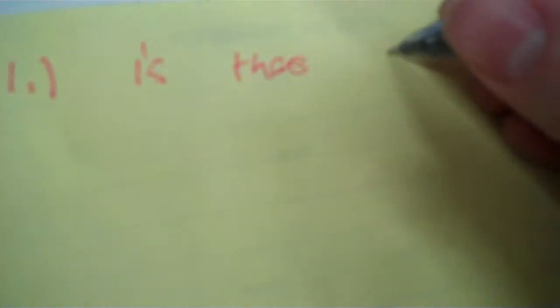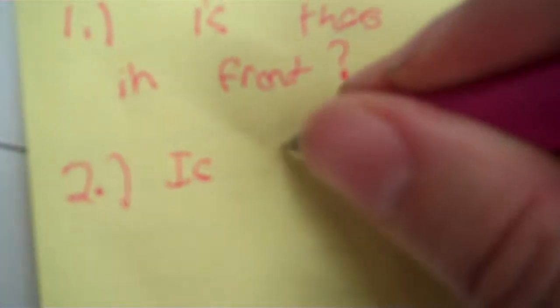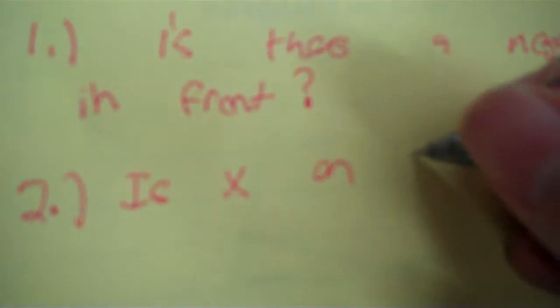Number one is there a negative in front. Okay. Number two is X on both numbers. Okay.